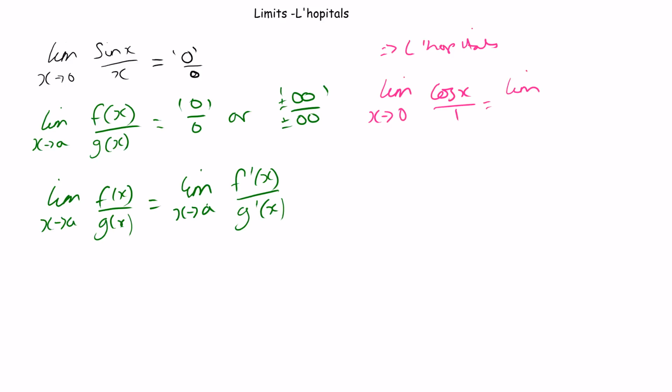We can clearly see that that is the limit as x tends to 0 of cos x, and as x gets closer and closer to 0, cos x gets closer and closer to 1. So there we've shown that the limit as x tends to 0 of sine x over x is equal to 1.